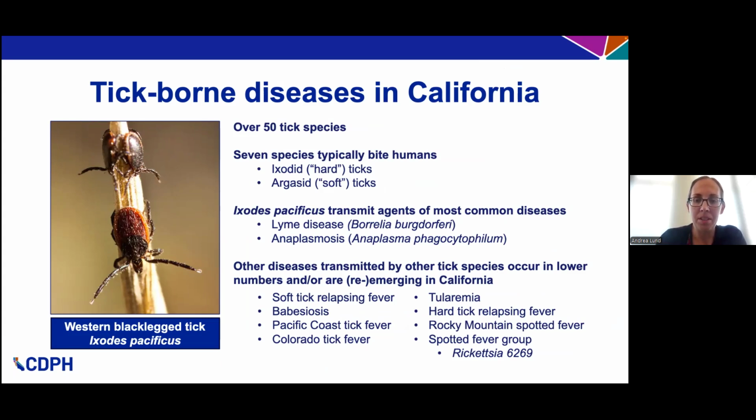There are dozens of tick species in California, but few are known to bite people. There are two main types that we're concerned about biting people: the ixodid or hard ticks and the argasid or soft ticks. Today we'll primarily talk about two diseases transmitted by the hard tick Ixodes pacificus, which is pictured here. That's also known as the black-legged tick.